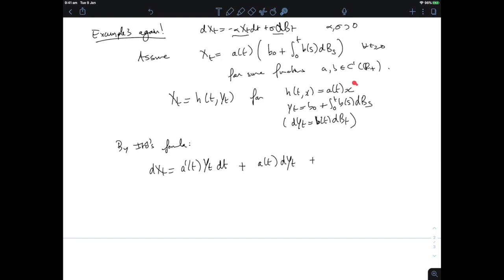But when I take the second derivative of this in x, I get 0, so plus 0. So it has to be of this form. Now, okay, I know what Y_t is. And what about dY_t? Well, dY_t is b(t) dB_t.